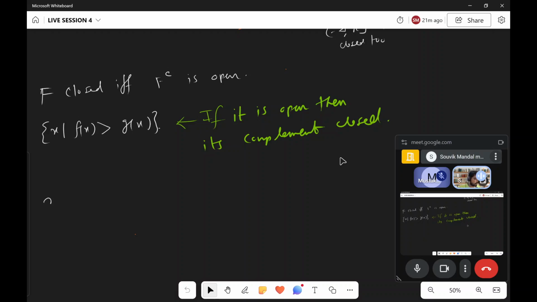So what are we doing? We are choosing x naught belonging to X, a point in here. That implies f of x naught is greater than g of x naught. Now we have the given fact that f(x) is greater than g(x). So how can we write this particular set?